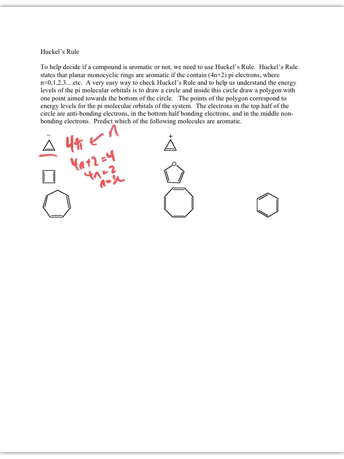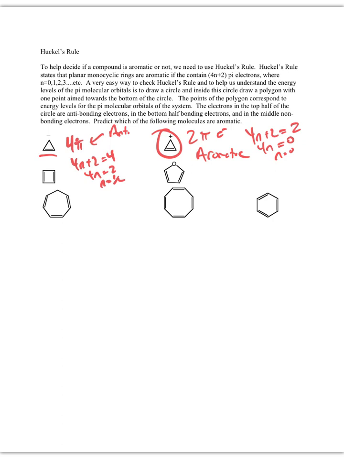This is anti-aromatic. Okay. The next one, we have 2 pi electrons. 4n plus 2 equals 2. Subtract 2 from both sides, 4n equals 0, n equals 0. Oh, look, this is aromatic.